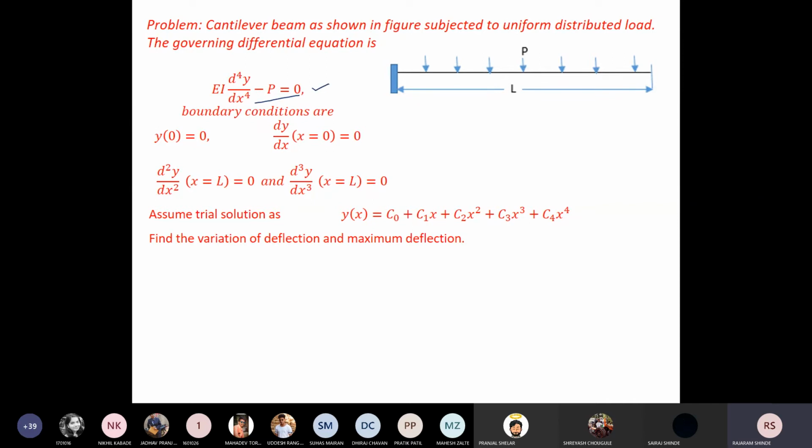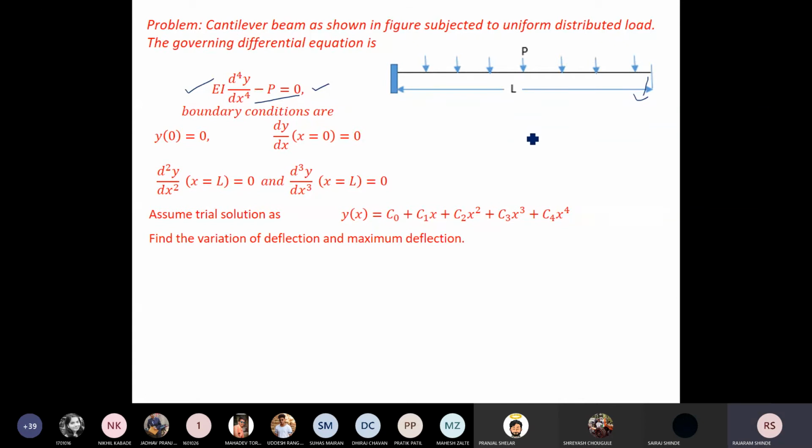This governing differential equation you have studied in the strength of materials, I think. See here, y is the deflection. The first derivative of the deflection into EI is your slope.